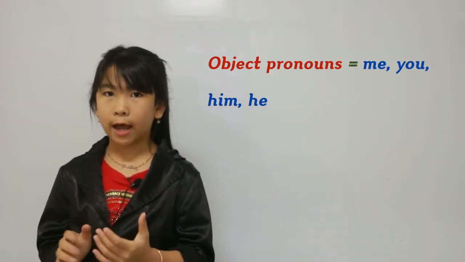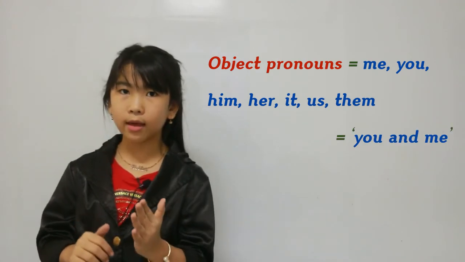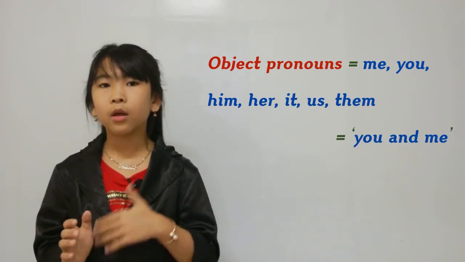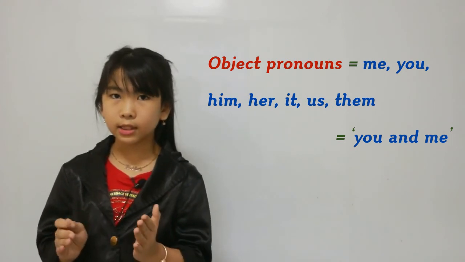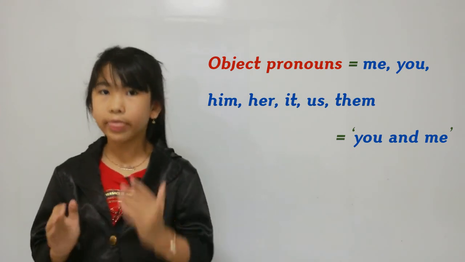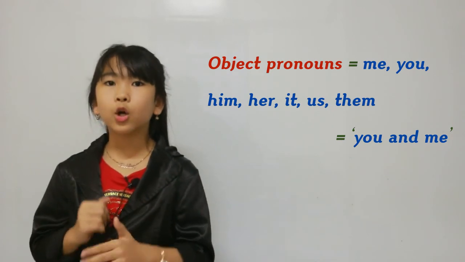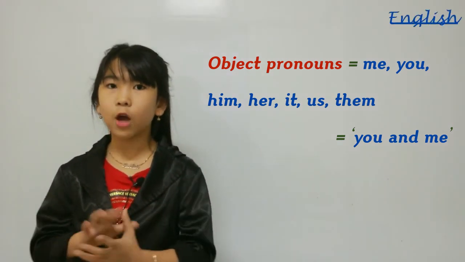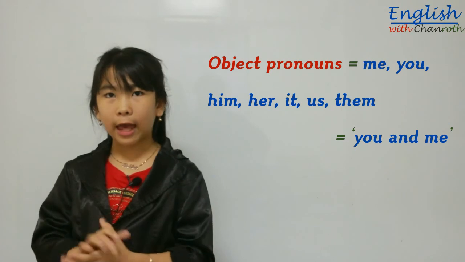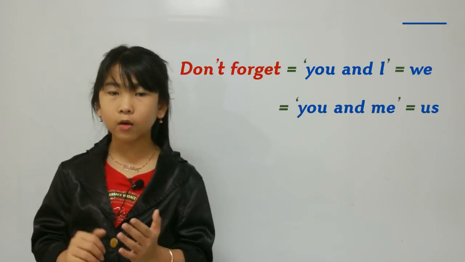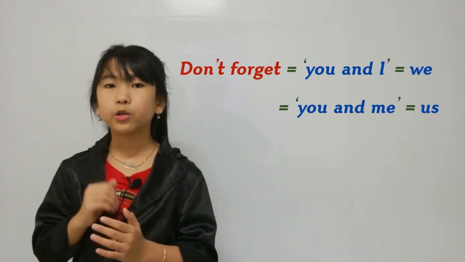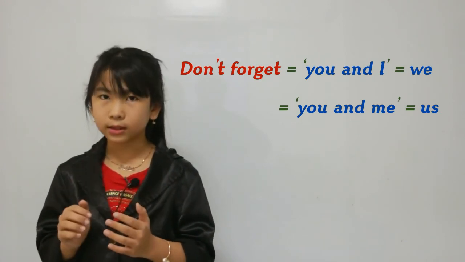So object pronouns me, you, him, her, it, us, and them. And you and me also object. And don't forget, you and I, we. You and me, us.